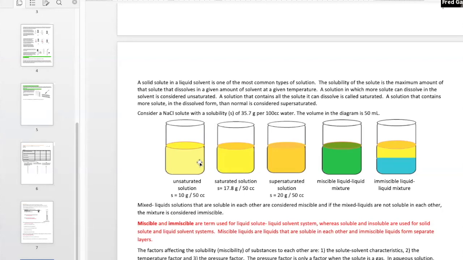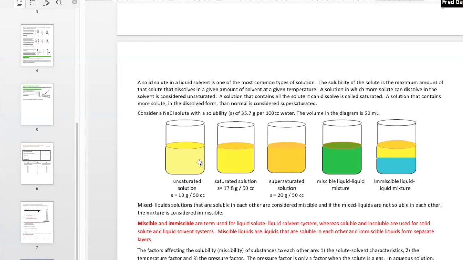You can think of a good analogy as a classroom. It's got 24 seats, okay? There are 24 seats. I'm teaching a chemistry class and there are only 10 students. That's unsaturated because the class can still fit 14 students, right? 24 minus 10 is 14 students that can still fit in. So it's unsaturated.